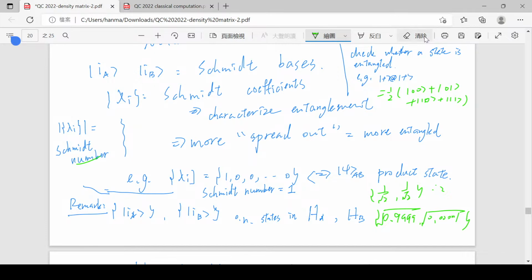So you can see that it's not very robust, but it's some way to characterize entanglement. And that number is called the Schmidt number. Any questions?